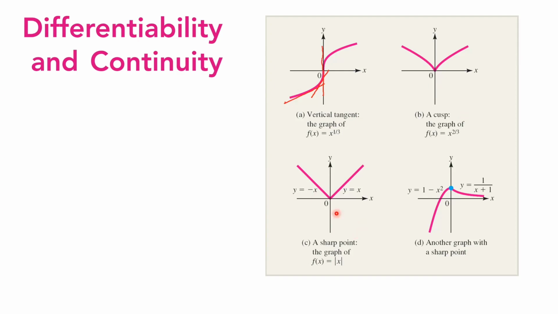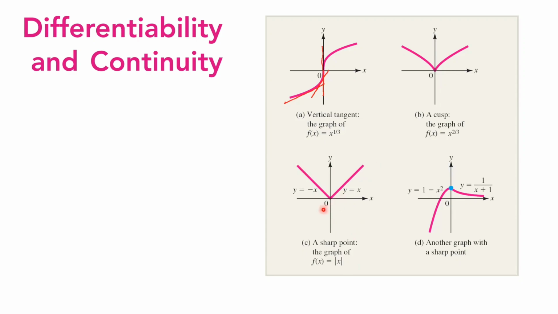For the third one, we have the graph of the absolute value function. One good thing about this function is that it can be rewritten as a piecewise defined function. For x less than 0, you will have y equals negative x, and for x greater than 0, you will have y equals x.